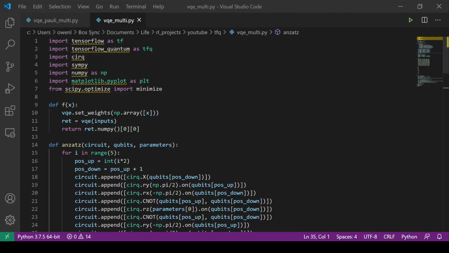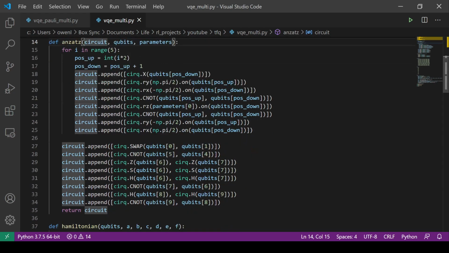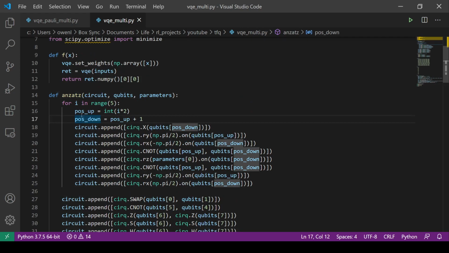There we go. And so what we see is standard imports as always, the same function. So now we want to create, because this is 8 qubits, once again, I do this on one circuit. So this is just for looping over each of them.